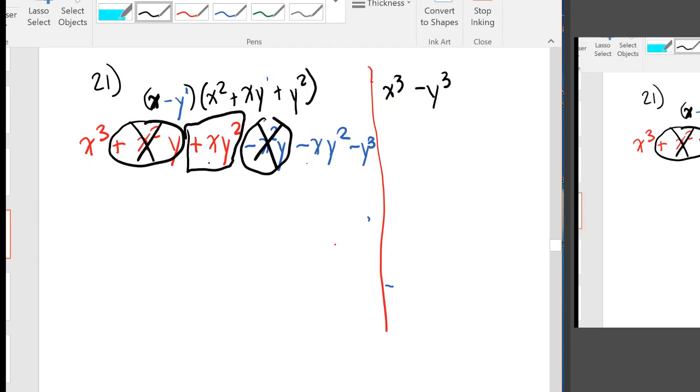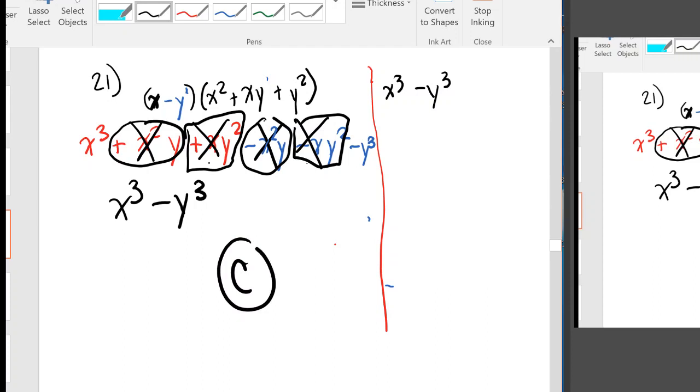And it's positive 1, that's a negative 1. That can go. So now I'm just left with x to the third minus y to the third. And you see that between the two columns they're the same thing, so C, they are equal. This is a tougher problem because you do have to know how to multiply polynomials. So hopefully we have a better sense and understanding of that after this video.